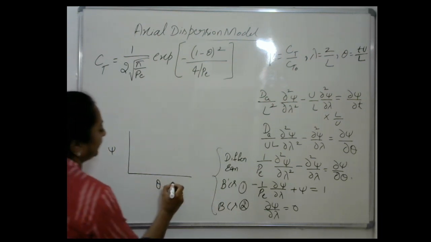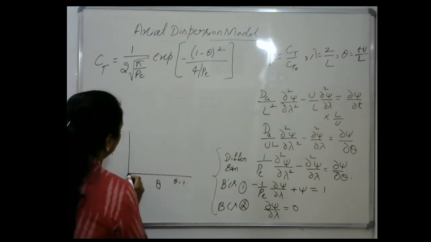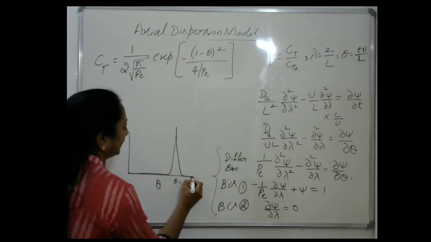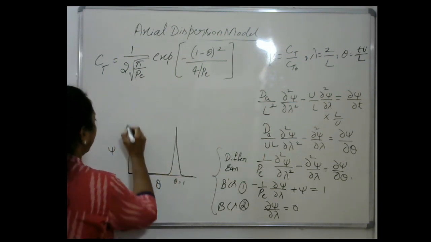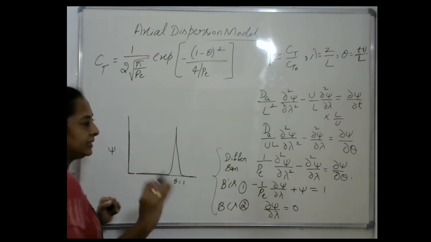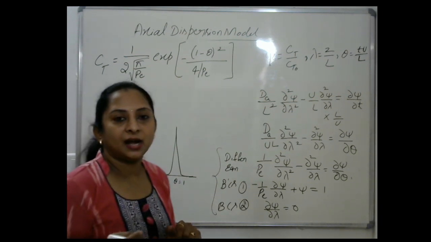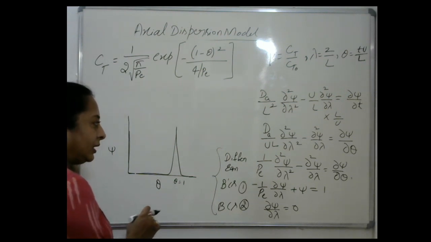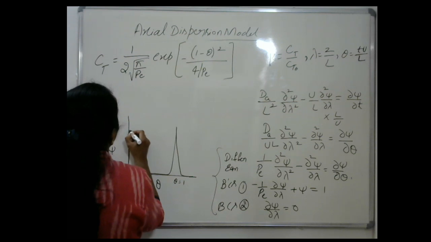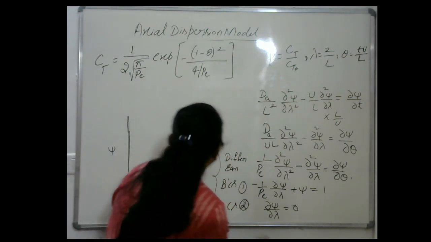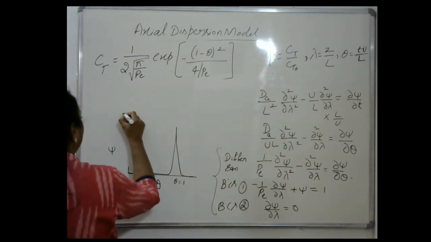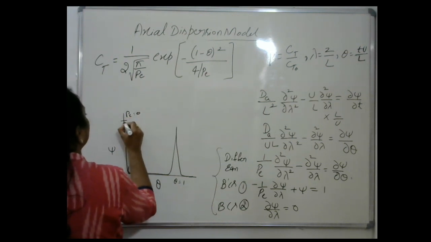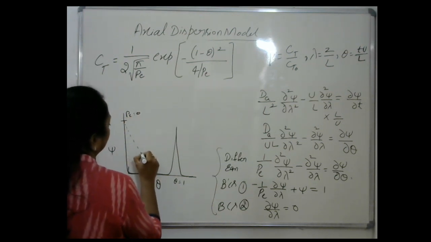When theta is equal to 1, the graph is almost a spike here. And I said if the dispersion is larger, then it tends towards MF. If Pe is 0, you get approximately a PF.